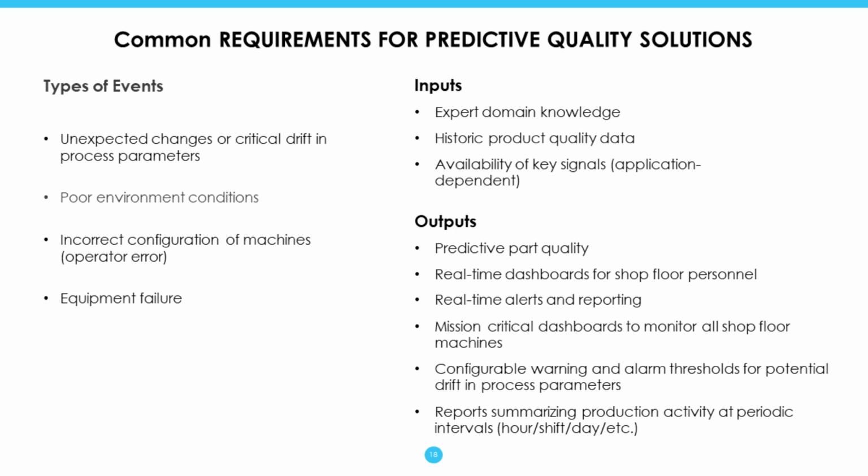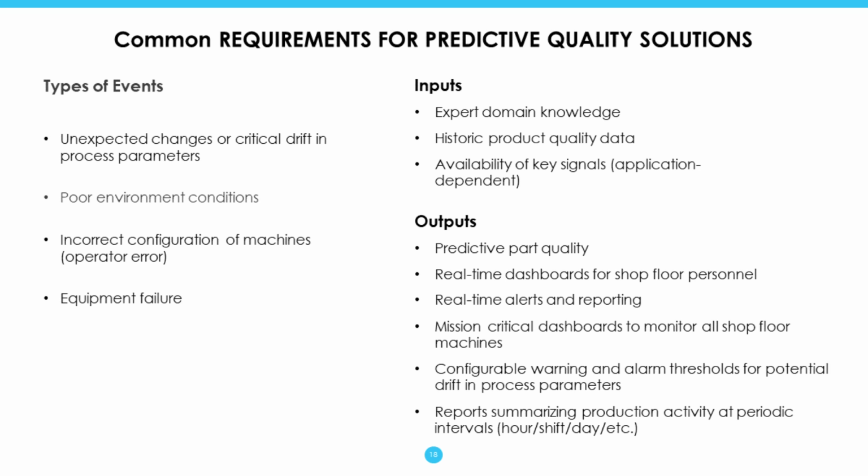So very quickly, what do we need to make this happen? First, we need to understand the type of events that may occur when quality issues occur. You have drifts in process parameters on the machine that may lead to quality issues. Ambient or environmental conditions sometimes have an impact depending on the application.